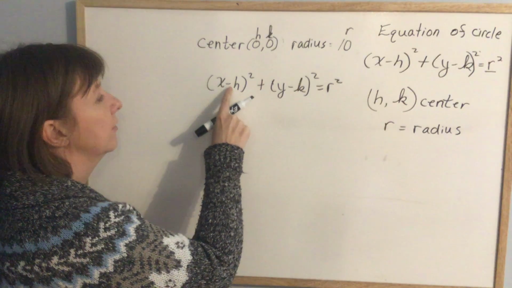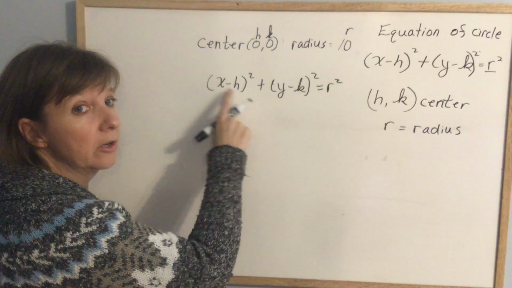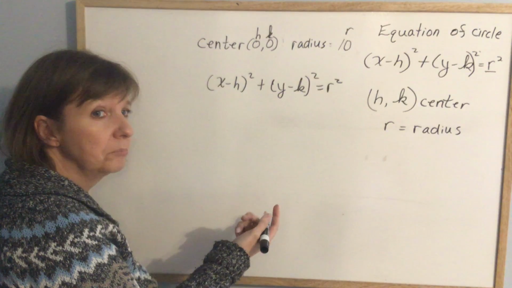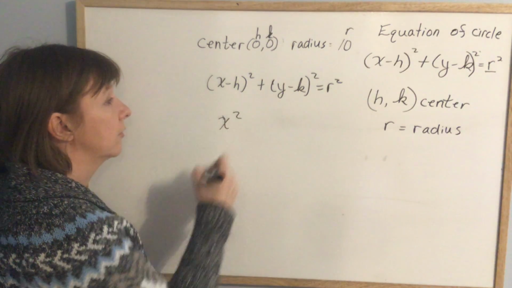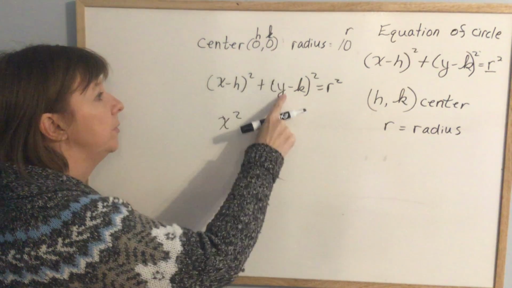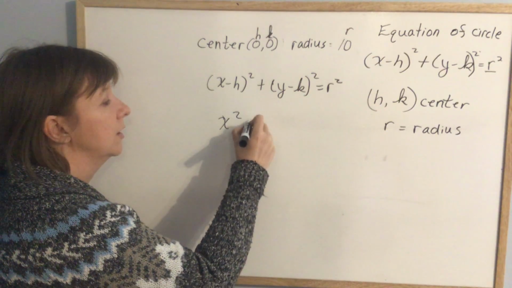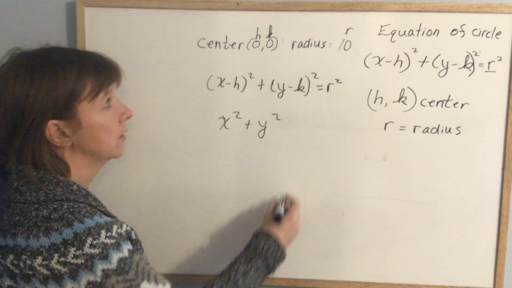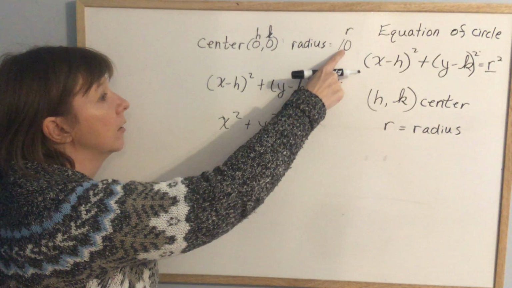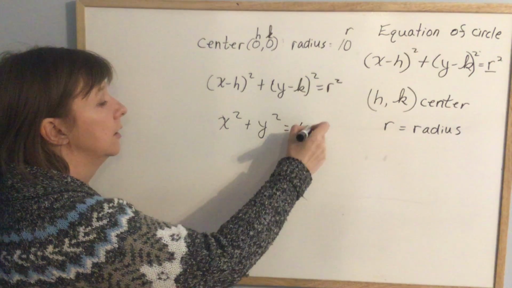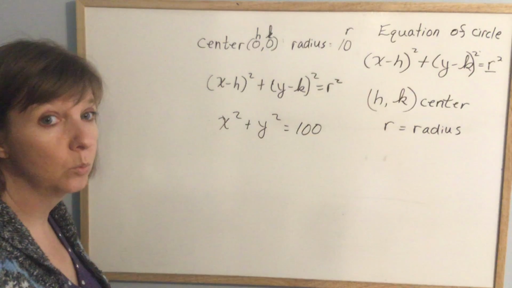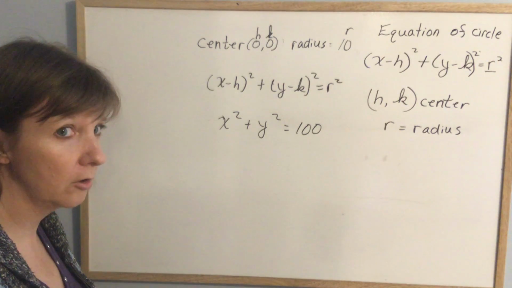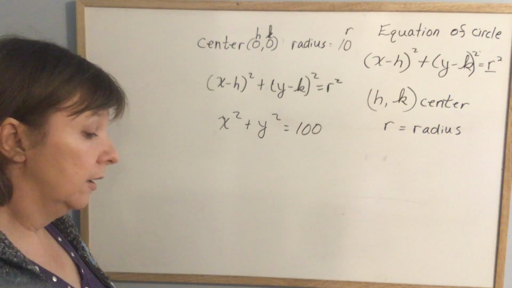So this would be x minus 0, so you don't really need to put it. You can just put x squared. And this would be y minus 0, so you really don't need to put it. You can just put y squared is equal to r squared, which is 10 squared. So that's 100. That's all you have to do. It doesn't get any harder than that.